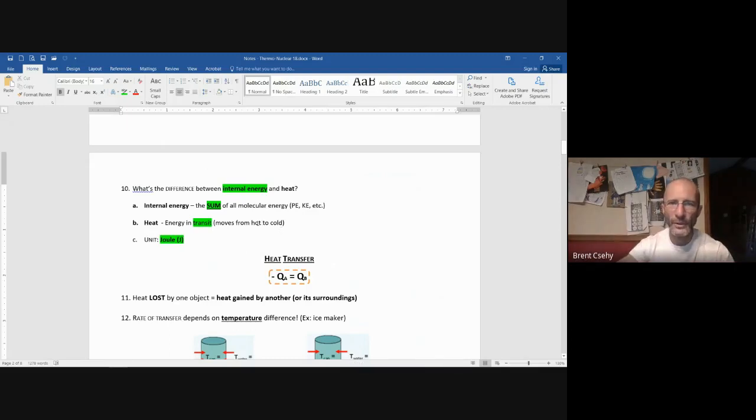I don't know if you already knew this, but heat always travels from hot to cold. When you touch something cold, like my cold coffee mug, it feels cold because the cup is actually absorbing the heat from my hand.